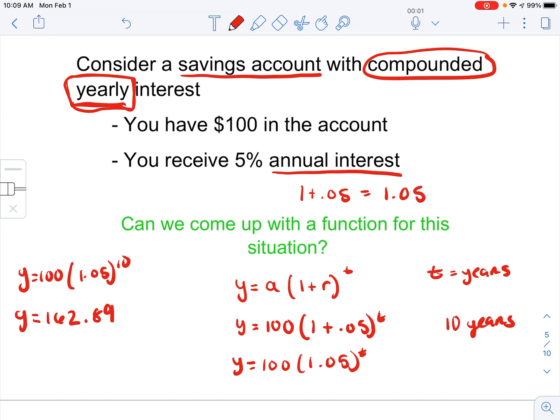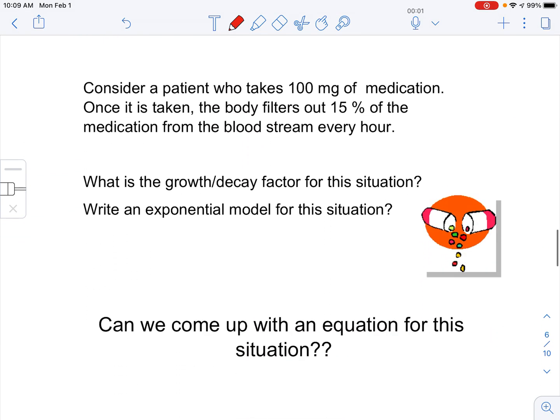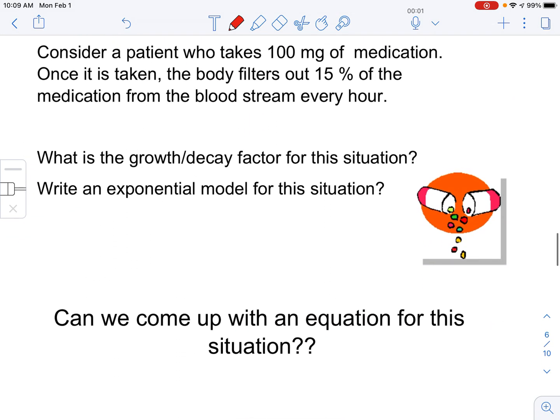Okay, so when you're going to the bank and looking for savings accounts, you're looking for percentages of interest that you can make so that your money is making money while being there, not just sitting there and staying at the same $100 over the 10 years. Okay, now financial equations love to use exponentials, but so do medical questions as well.